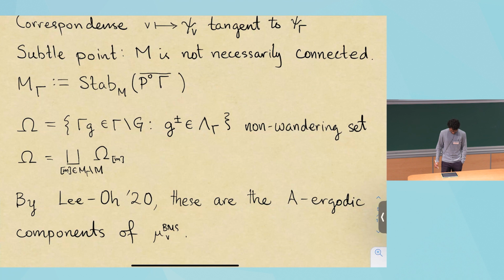Okay, I didn't define g plus minus, so g plus is gP, which will be inside G mod P. And so you want g plus to be in the limit set, which means gP, a point in the Furstenberg boundary, you want it to be in the limit set, and g minus is something similar.